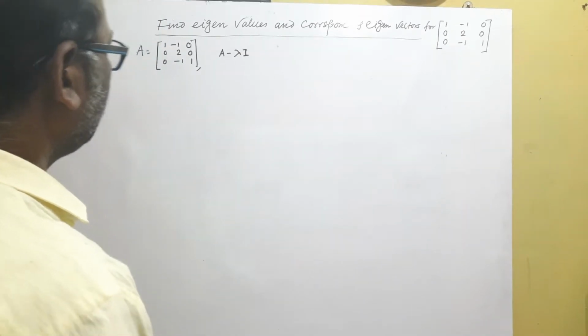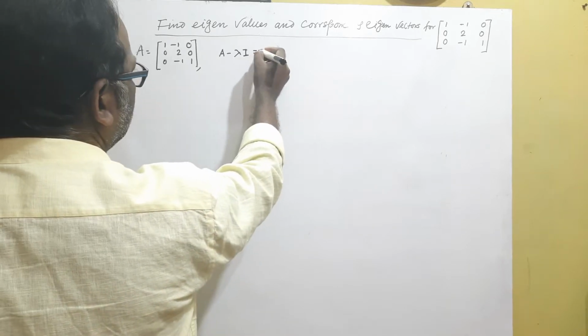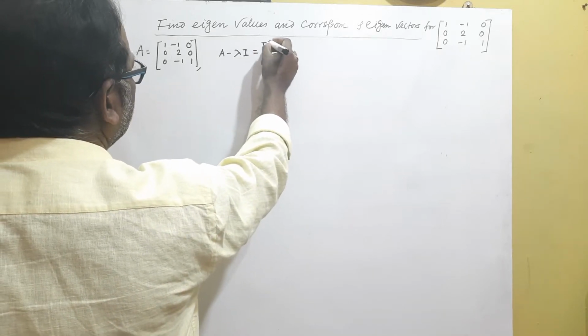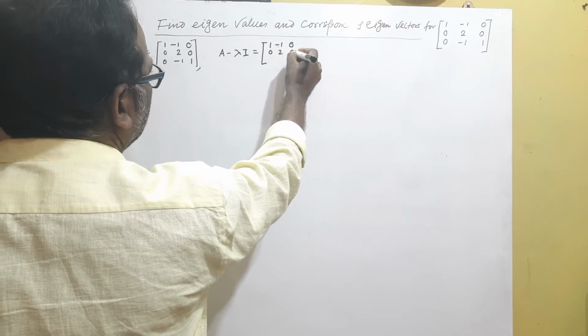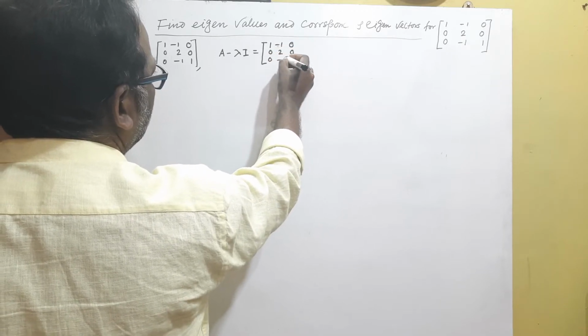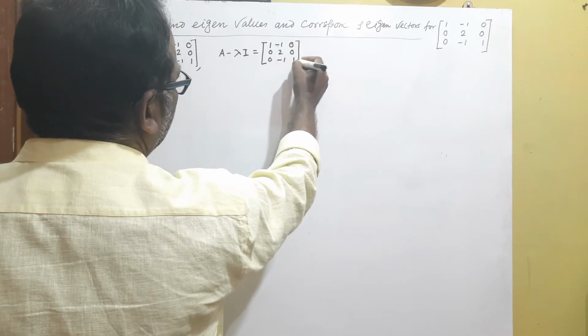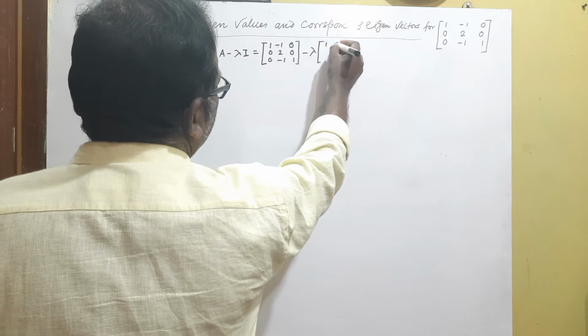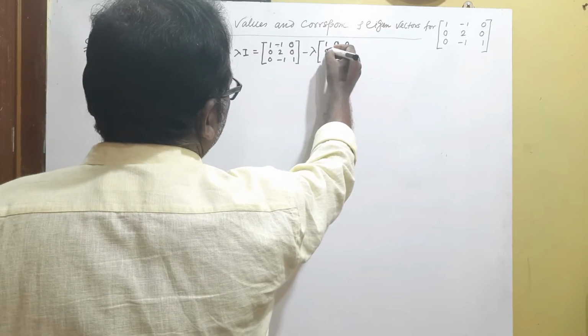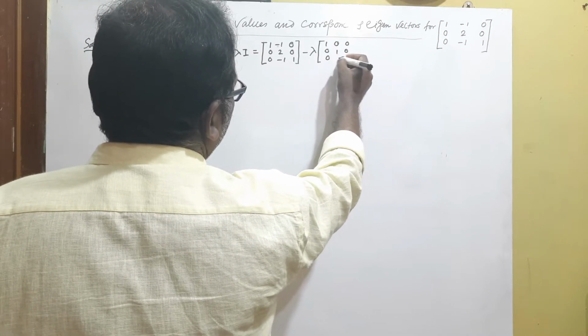So first find A minus lambda I. This is equal to A, here 1, -1, 0; 0, 2, 0; 0, -1, 1, minus lambda times the identity matrix of order 3, which is 1, 0, 0; 0, 1, 0; 0, 0, 1.